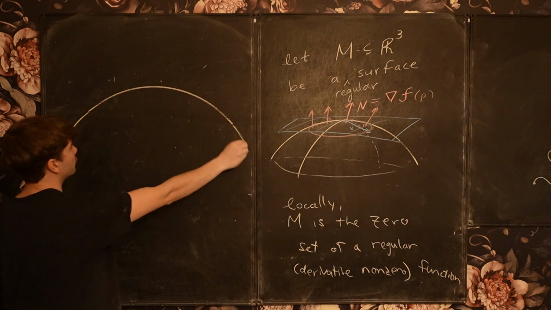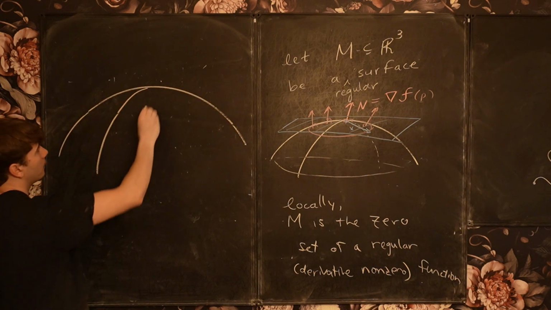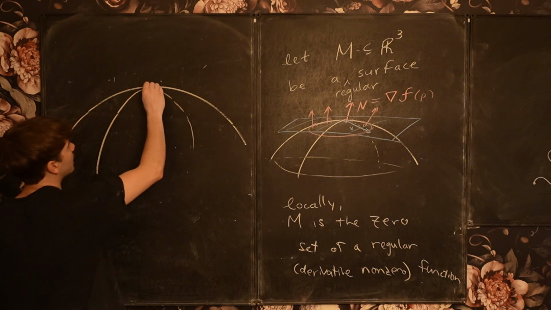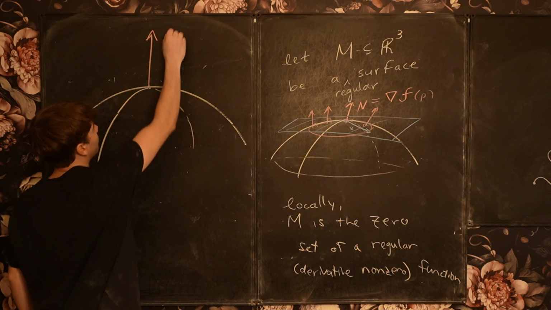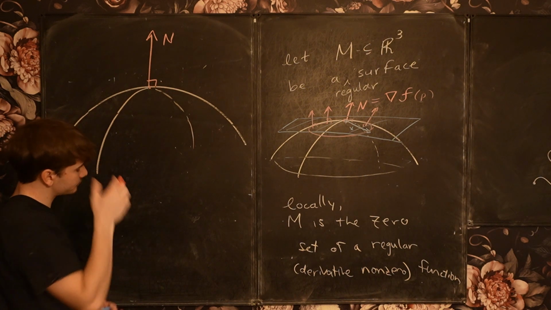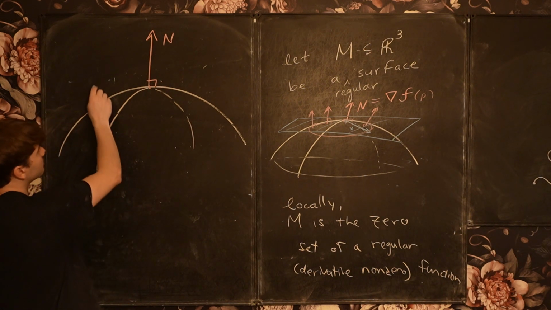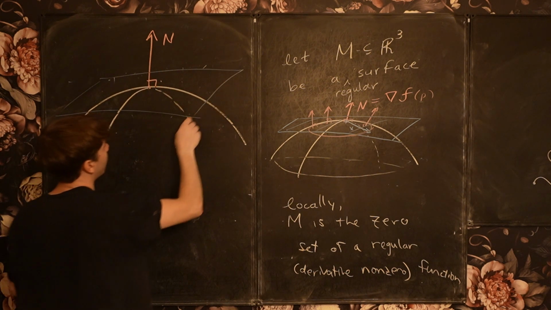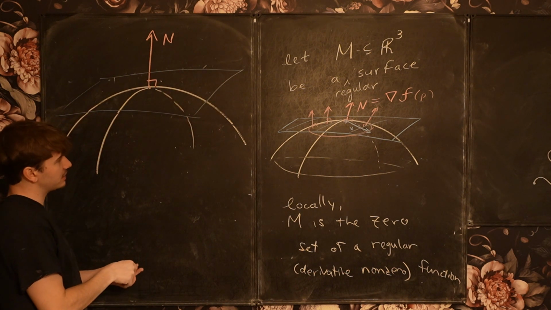So let's draw a new surface. Okay. And I have my normal vector here. And then I have my tangent plane to the surface. Okay, and so here's my surface M.